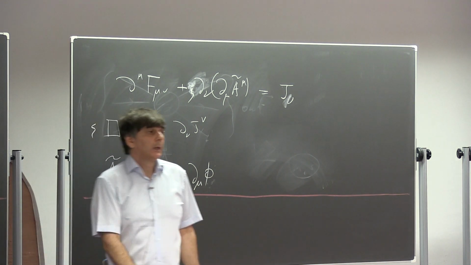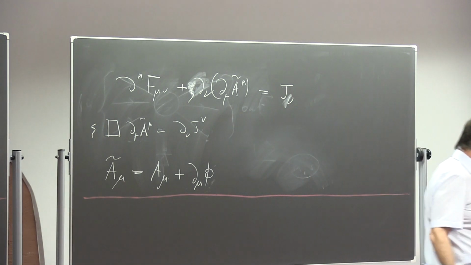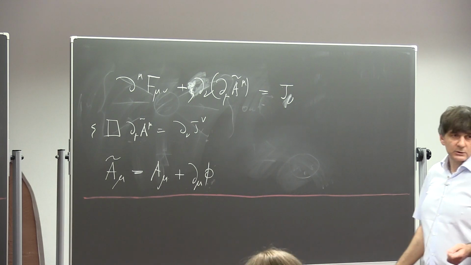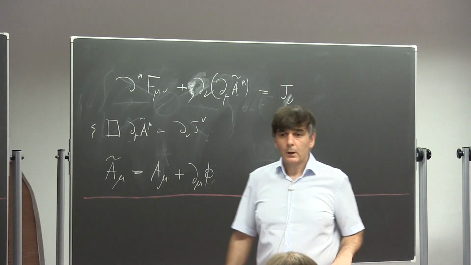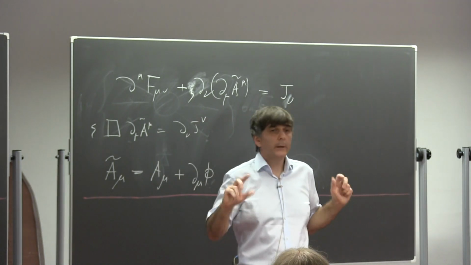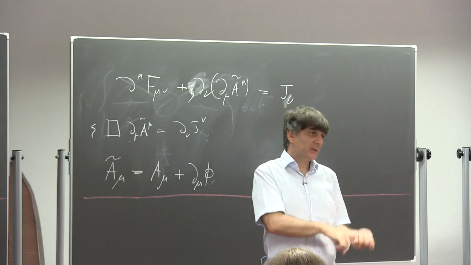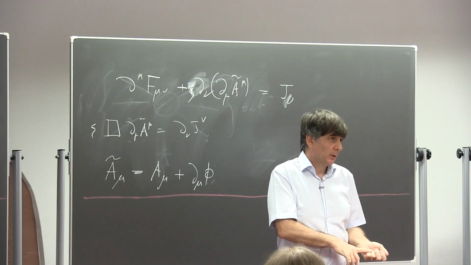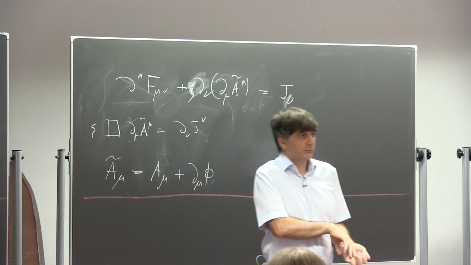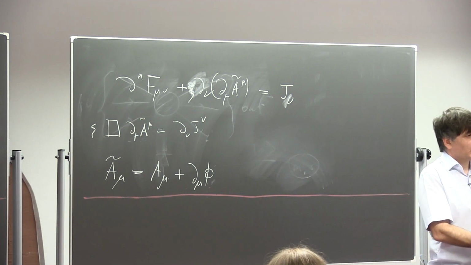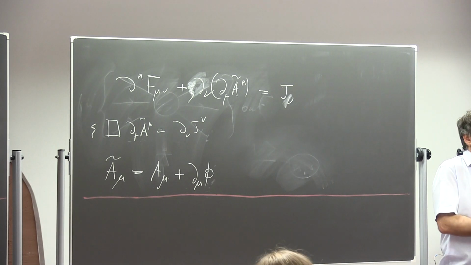And moreover, as you heard many times, these types of fields are sick in the sense that we often call them ghosts. We cannot attribute to them both positive norm and positive energy. We can attribute them positive norm, but then their energy will be negative. These will be particles with negative energy, and a particle with negative energy is a disaster, right?